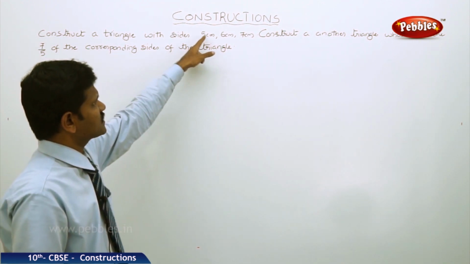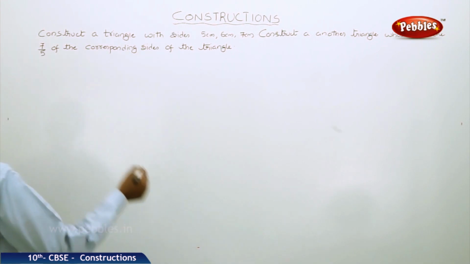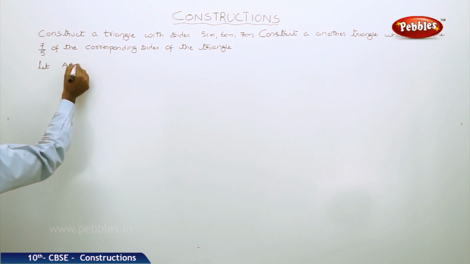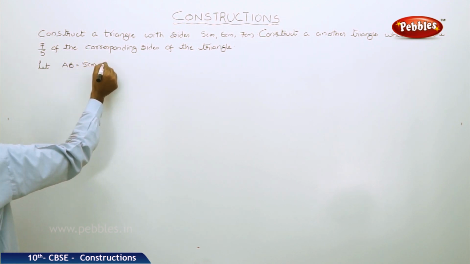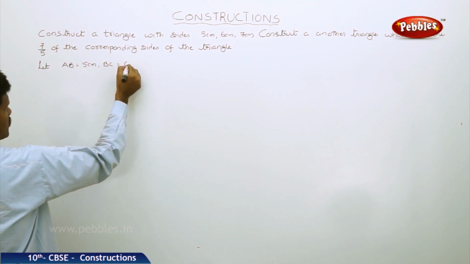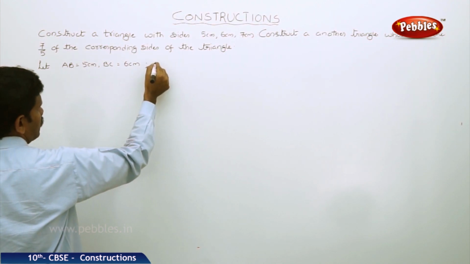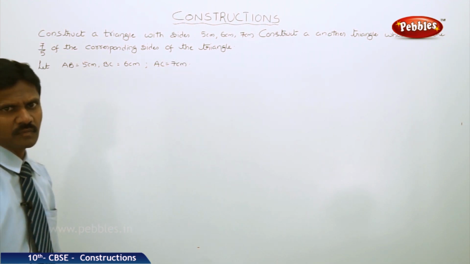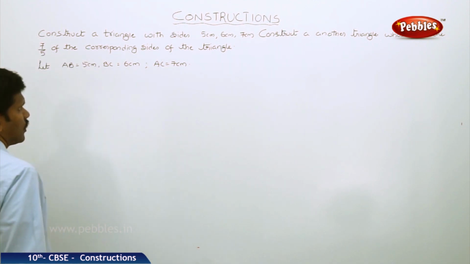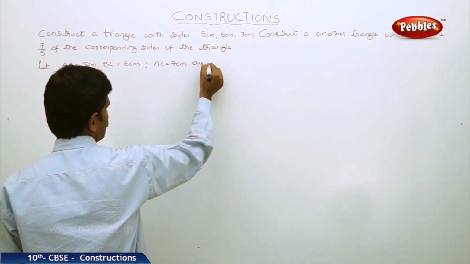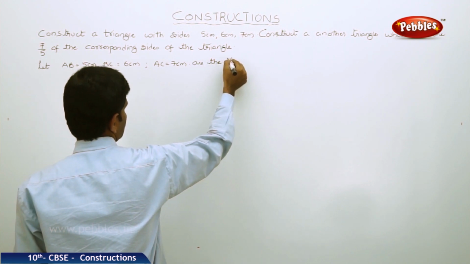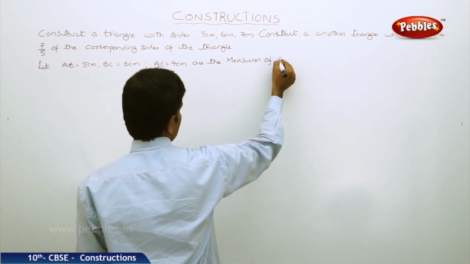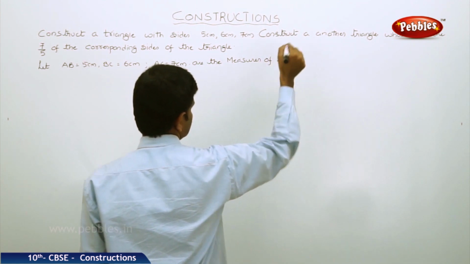Here the lengths of the sides are not mentioned in particular, that is why let AB is equal to 5 centimeters, BC is equal to 6 centimeters, AC is equal to 7 centimeters be the measures of triangle ABC.